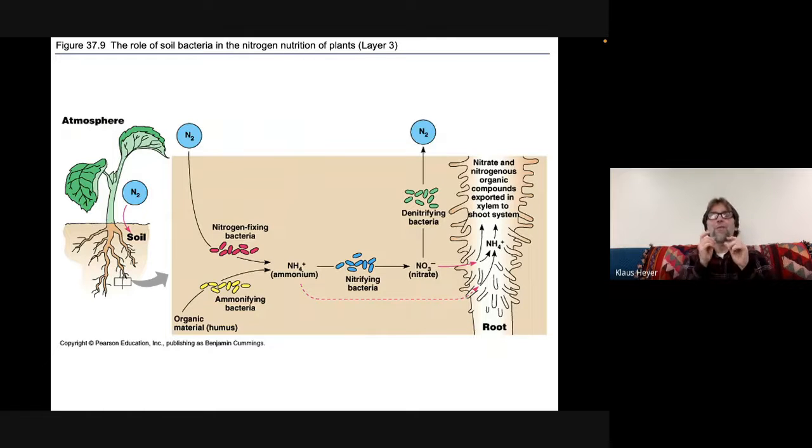These bacteria are able to take the nitrogen and turn it into single covalent bonds, which are now easier for the roots to get. So in short, these fixing bacteria fix the nitrogen. They make it into a form that's easier for the roots to take.